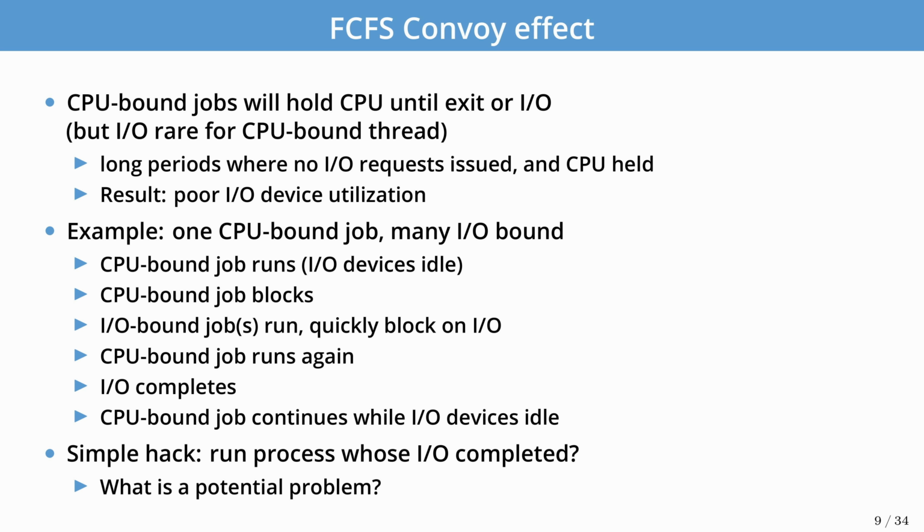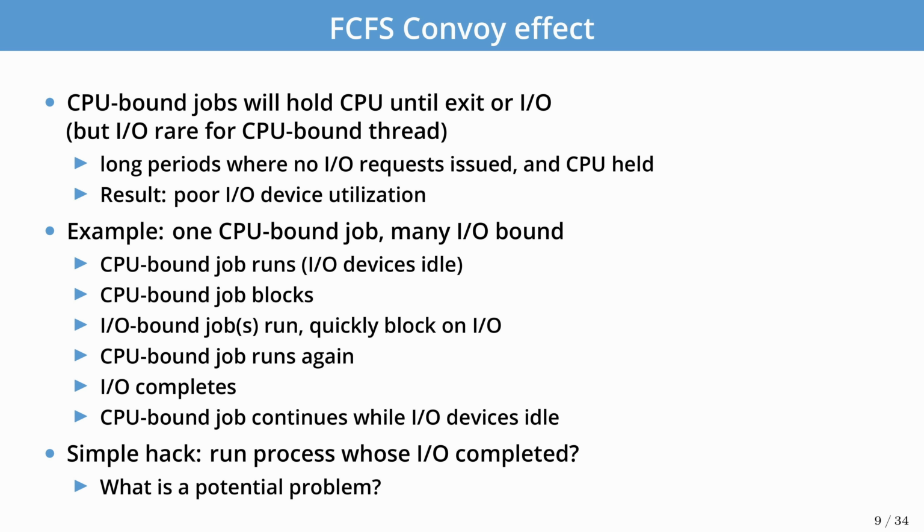Maybe it needs to do a small I/O or something, and then the I/O-bound job gets an opportunity to run, and it's going to quickly block because it's almost immediately going to issue an I/O. As soon as the CPU-bound job starts to run again, it's going to run. The I/O might have completed in the background, but the CPU-bound job will just continue to run, starving the I/O-bound task. And this is known as the convoy effect.